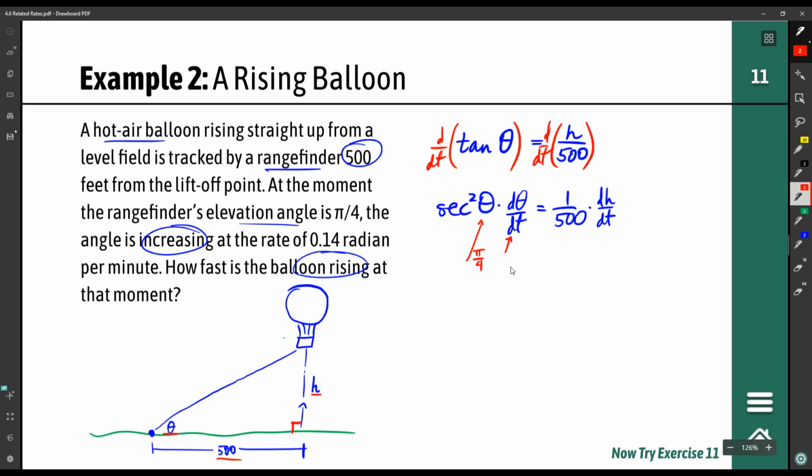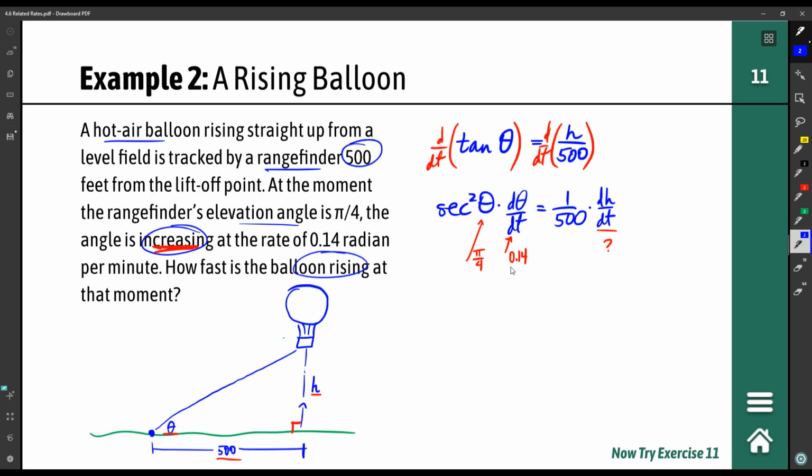So this gets replaced by 0.14. And it's positive because we were told it was increasing. If we were told it was decreasing, we'd make that a negative 0.14. On the other side, there's a variable still, dh/dt, and that's what we're trying to find. I'm going to leave a question mark there to indicate that, because we were asked how fast is the balloon rising. Okay, so let's go from here.